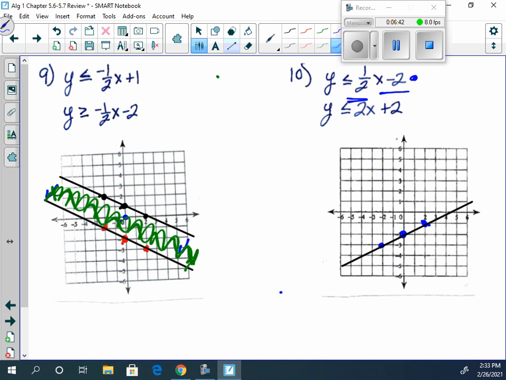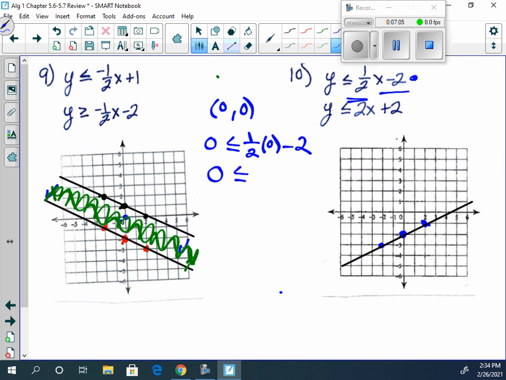It will be solid because it's equal to. Now, because it didn't go through the origin, we can check the point 0, 0. So we say 0 is less than or equal to 1/2 times 0 minus 2.